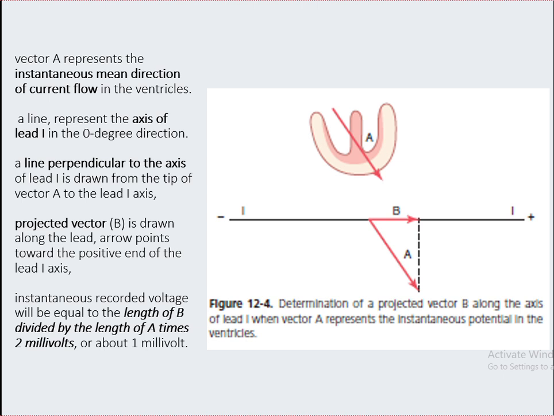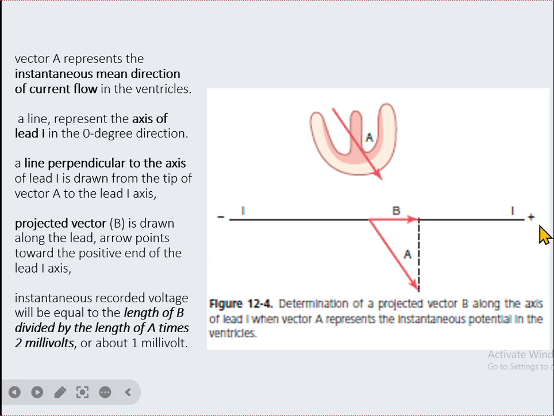All those are the amplitudes. If this is the vector of the electrical axis, we are going to represent it on this diagram to simplify it. So this vector is showing the flow of electric impulse. Being in this direction, it shows that the depolarization wave is going to move to this side.